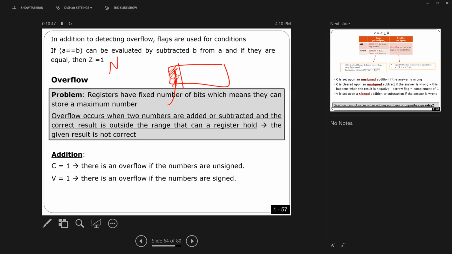Guys, please don't be confused at this point. Listen to me. If your number is a byte, when I say the most significant bit, I mean bit number 7. But if your number is a half word, which means 16 bits, the most significant bit is number 15, and so on.